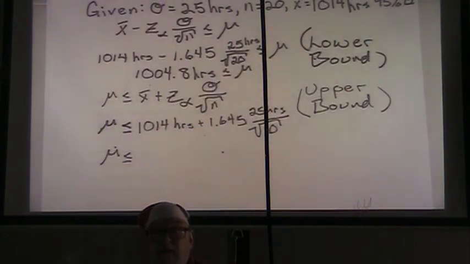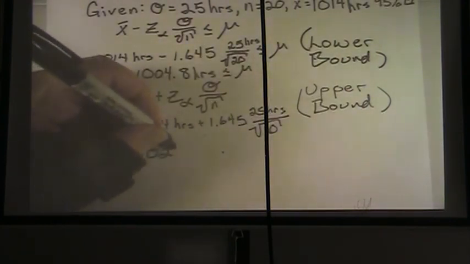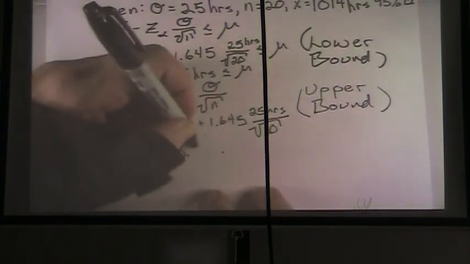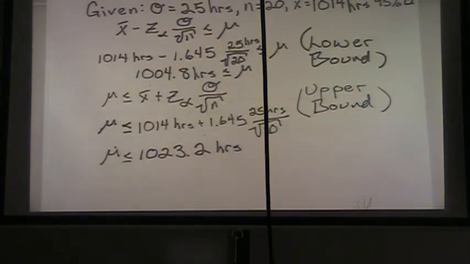So I slip over here, I do the calculation, and it is 1,023.2 hours. So we know that mu is less than 1,023.2 hours. Okay, not bad at all.